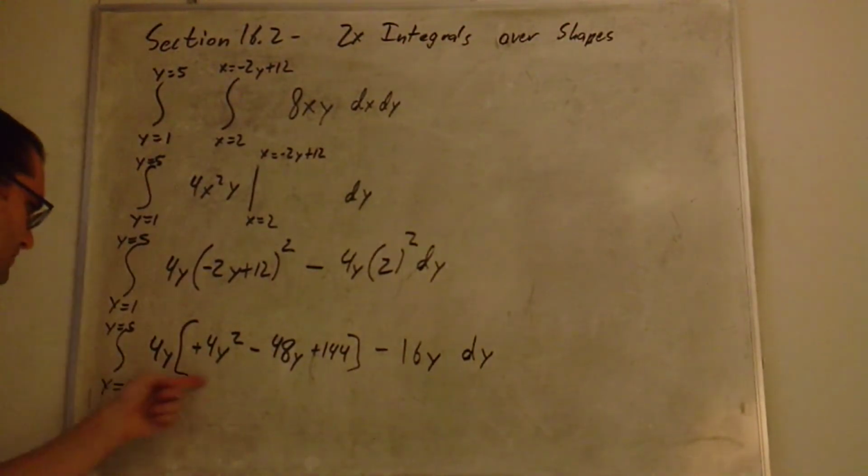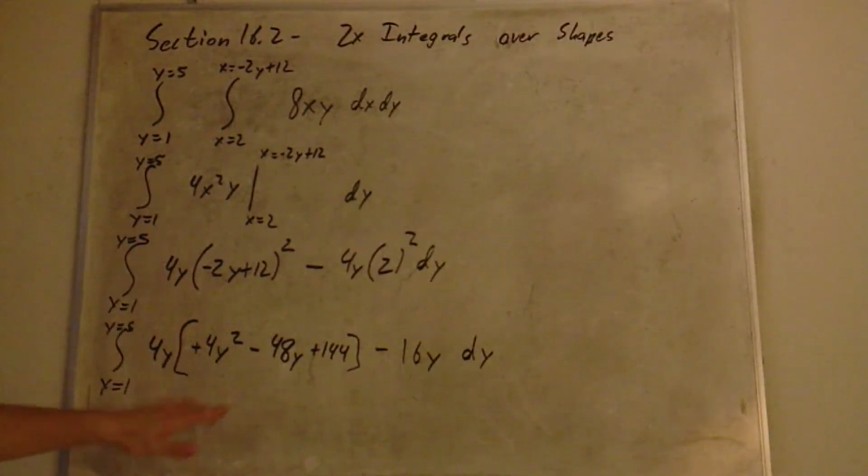So again, we need to distribute this 4y in there and then combine some like terms.